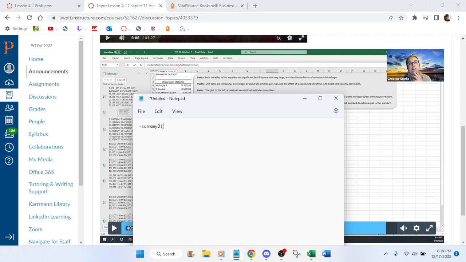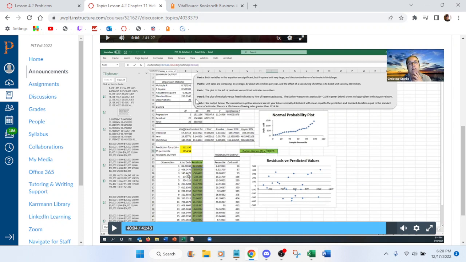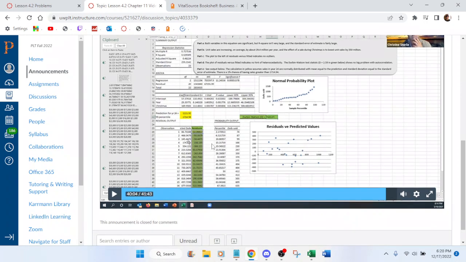I don't know what C27 is. Oh no. Okay. 27 to 48. What is that? The residuals? The residuals, which I deleted. I deleted those.